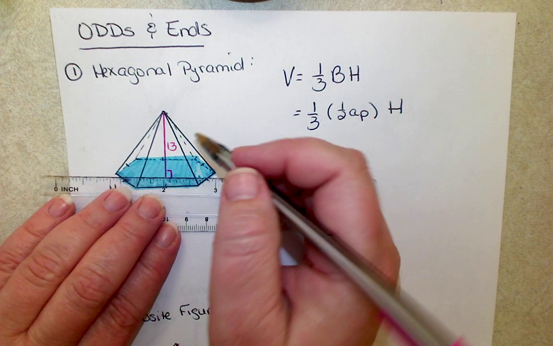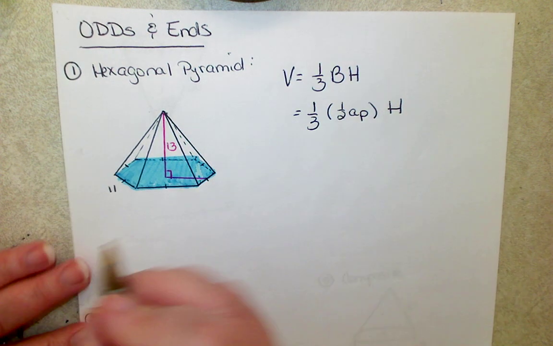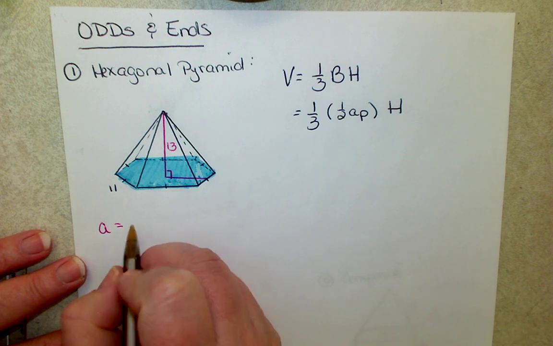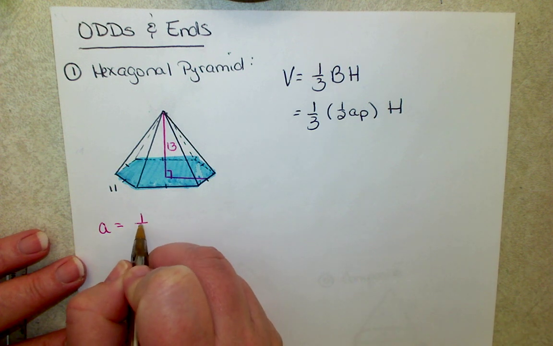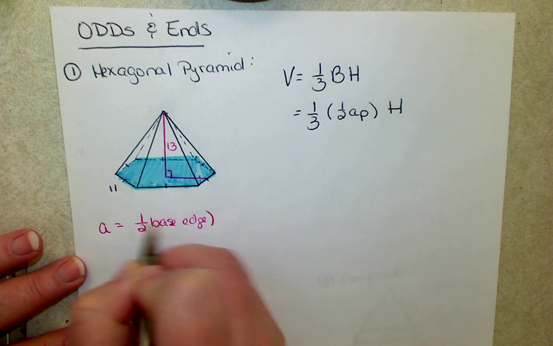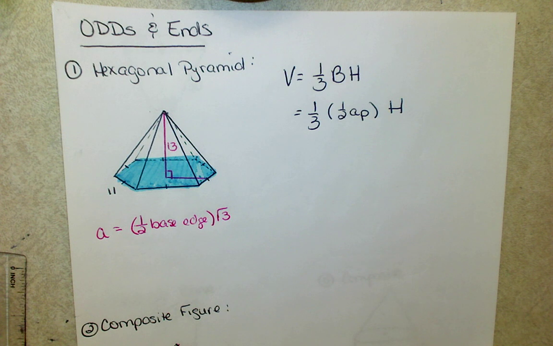okay, and I'm just going to come right here and just draw this. To find the apothem A, all you're going to do, basically for the shortcut, is you're going to take half of the base edge and attach the square root of 3. Mathematically, we've used our 30, 60, 90 rules and figured it out.